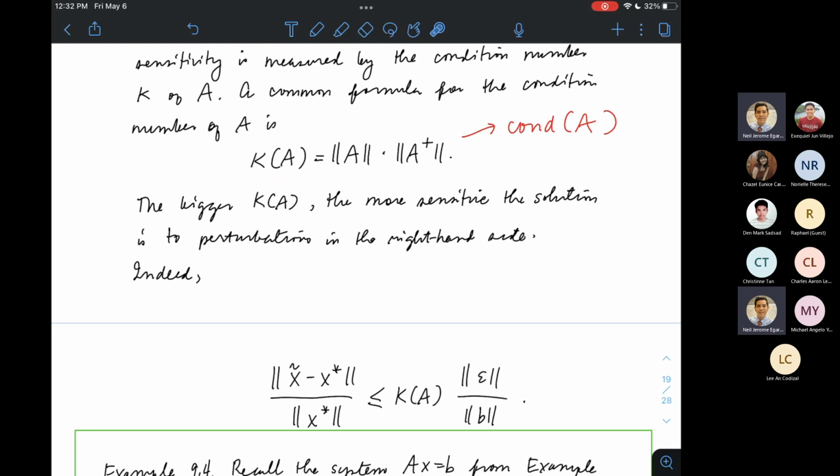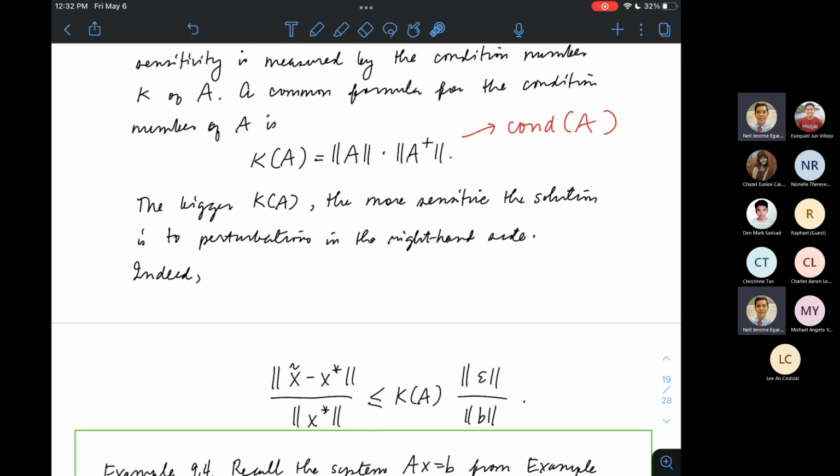So the bigger kappa is, the more sensitive the solution is with respect to perturbations in the right-hand side. But how do we know that kappa is big? Ganito na lang yung isipin nyo. Si kappa kasi yung proportionality, hindi pala asymptotic bound. Siya yung scaling factor para sa isang upper bound dun sa relative error between the two solutions.